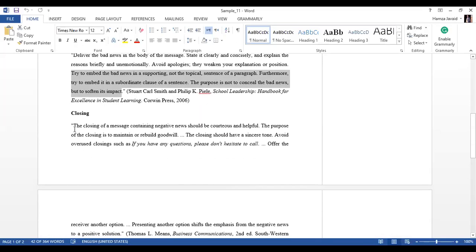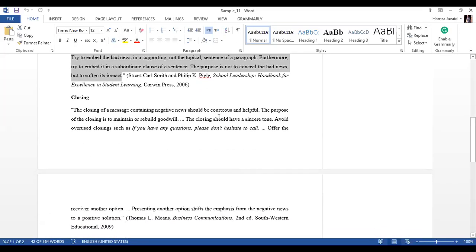The closing of a message containing negative news should be courteous and helpful. You're giving help here. You're making sure that you feel for them. It's not that you're just giving the goodbye or closing the door on them, but you show that you feel for them. The purpose of the closing is to maintain or rebuild goodwill.